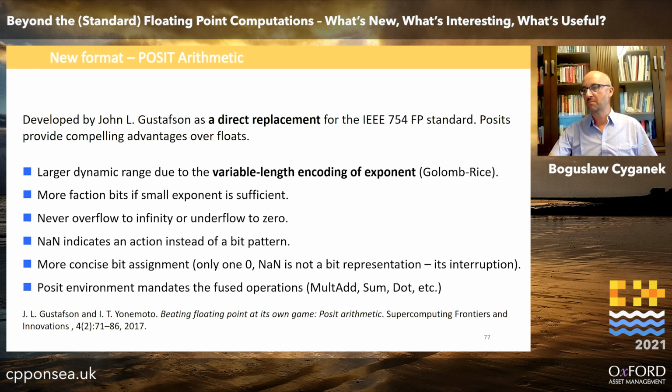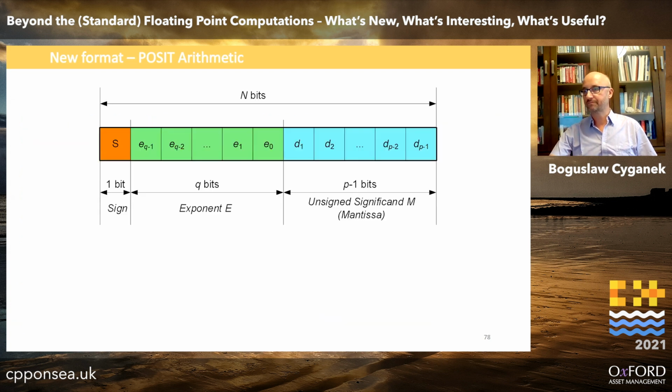And the POSIT environment mandates fused operations. Fused operations mean that the rounding is at the very end of the compound operation like multiply and add, or sum of a dot product, etc. So this is very beneficial.